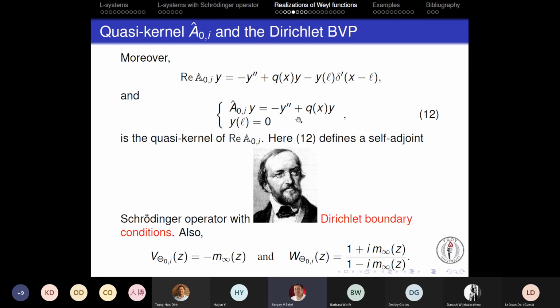But the third ingredient, A hat, the self-adjoint extension, happens to be the Dirichlet boundary problem, and that fixes the system in place. Moreover, you can explicitly write impedance and transfer function. Of course, impedance is negative M infinity. That's how we built it in the first place. But transfer function is also explicitly written.